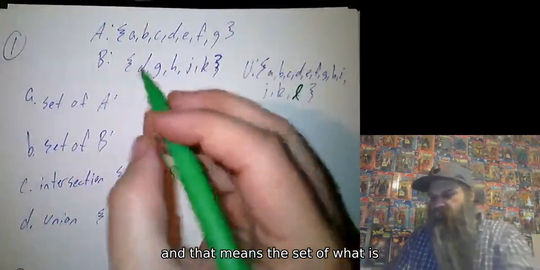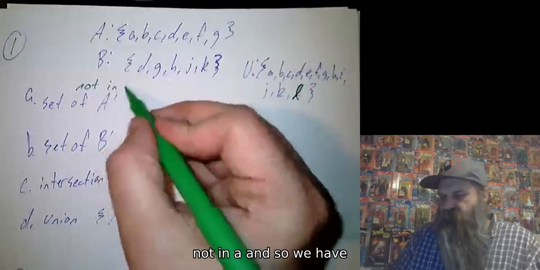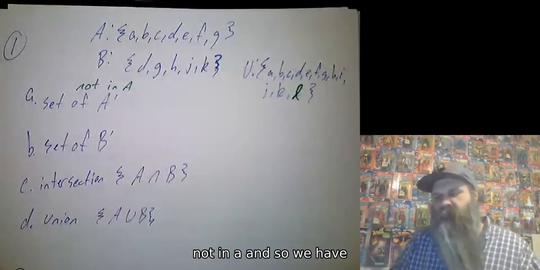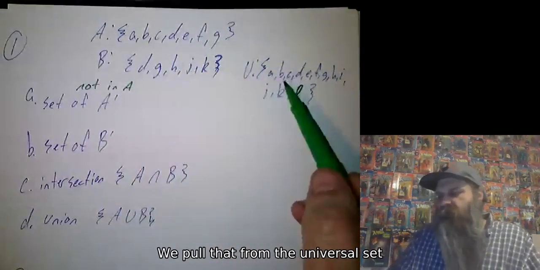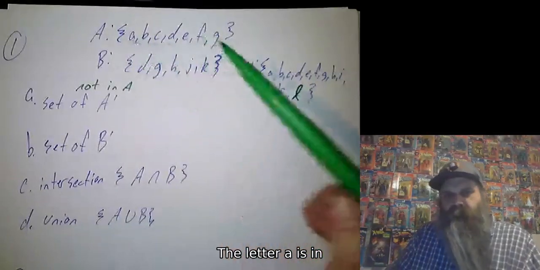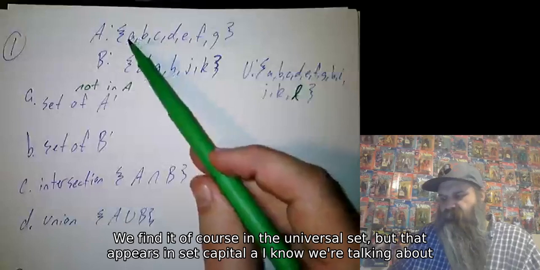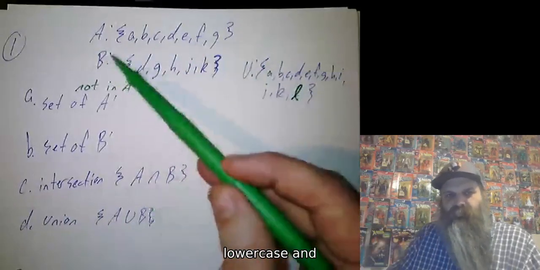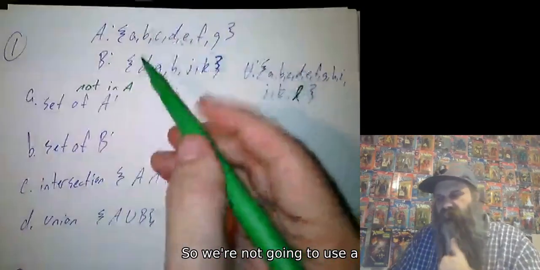And that means the set of what is not in A. And so we pull that from the universal set. So the letter A, we find it, of course, in the universal set, but that appears in set capital A. I know we're talking about lowercase and uppercase A here.